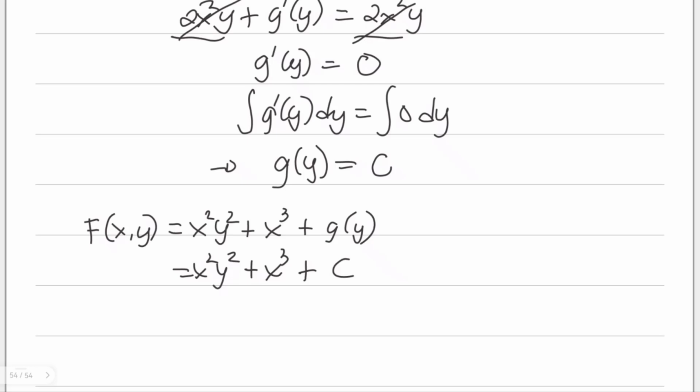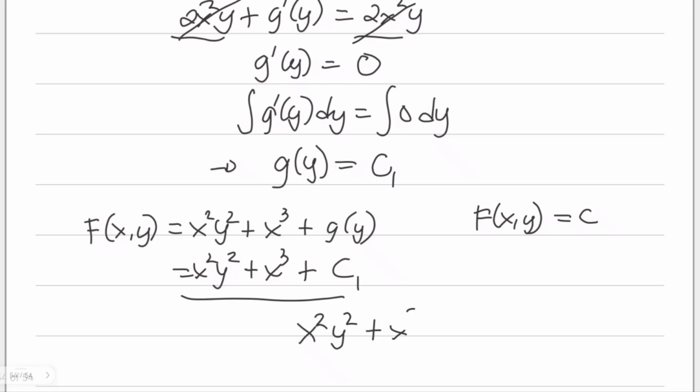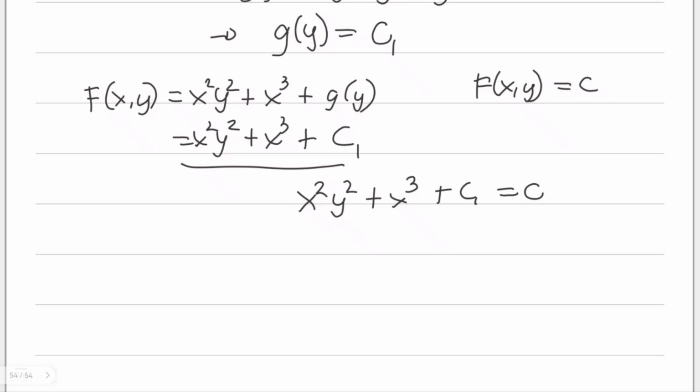And since we would like to form this as our solution, this will be the last part, equal to c, will be equating to a certain c as well. Let's just simply use this c sub 1 to differentiate the two c's. So you will have x squared y squared plus x cubed plus c sub 1 equal to c. And then we have x squared y squared plus x cubed, and then you will have c minus c sub 1.